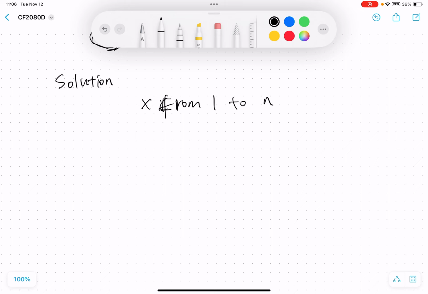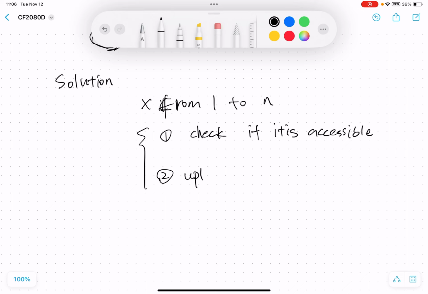So actually for every card we have 2 steps to do. First will be to check if it is accessible. Second thing will be to update the max value card.